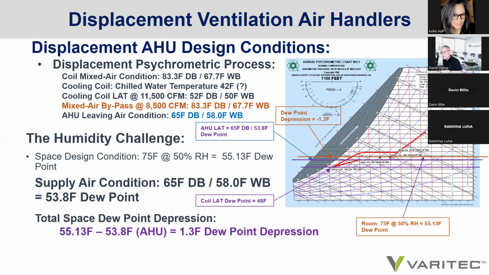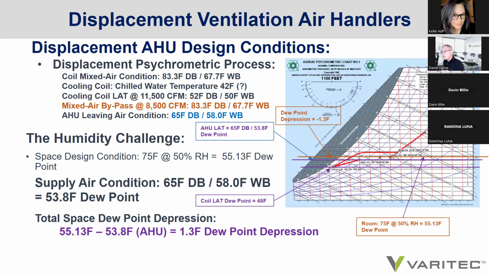It's going to be 1.3 degrees dew point depression by bringing your air to 52 off the coil before bleeding in 8,500 CFM of mixed air to elevate that 52 degree air up to 65, which is going to have the moisture in that mixed air adding humidity back in. So it provides you a better cushion of a 1.3 degree dew point depression as opposed to 0.1.